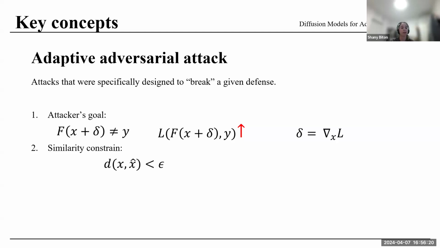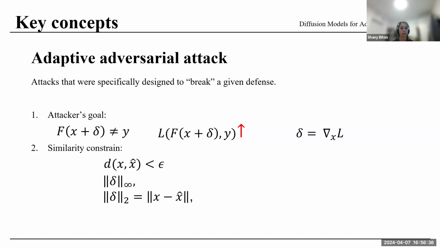There are several distance metrics to use, such as L infinity and L2, where L infinity bounds delta to be between minus and plus epsilon, and L2 is the Euclidean distance between the adversarial image and the clean image.